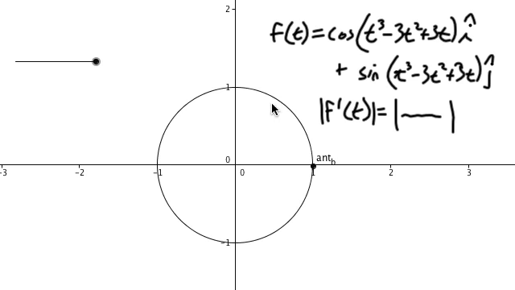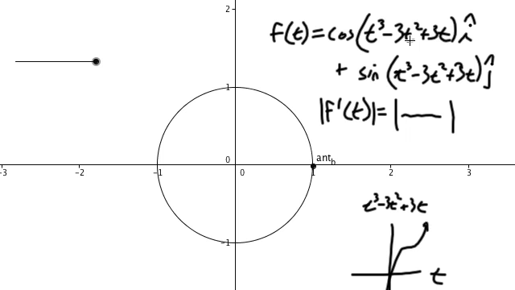Now, the reason he did that was because of what t looks like graphically. If I graphed t versus t cubed minus 3t squared plus 3t, it actually looks like that.